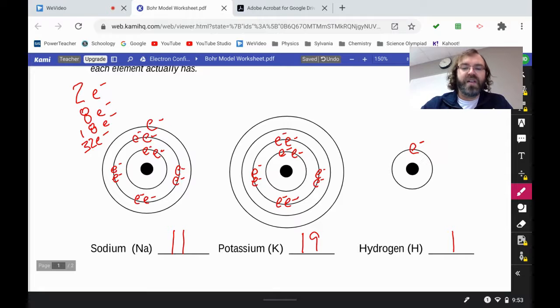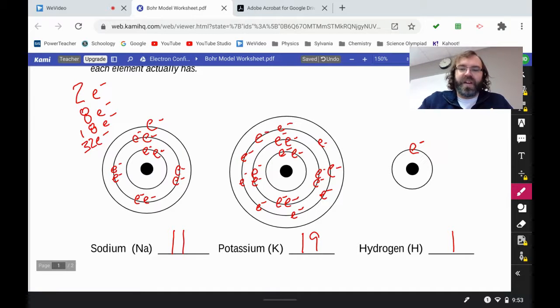And then finally, the third energy level can hold 18 electrons. So I'm just going to fill in 1, 2, 3, 4, 5, 6, 7, 8, 9 electrons. That's all that I had left. I had 9 more electrons to use, and that's 19 total electrons there.